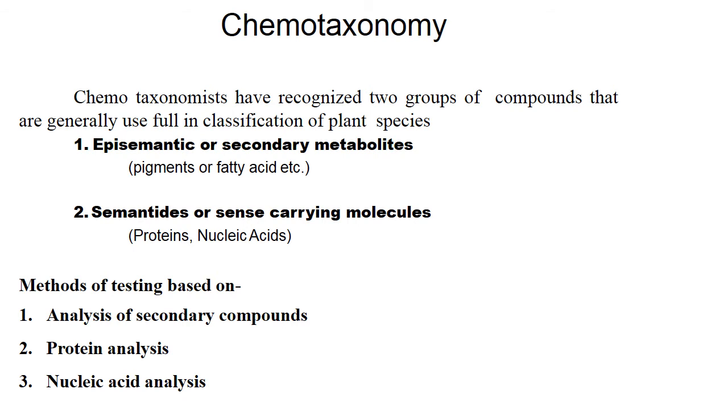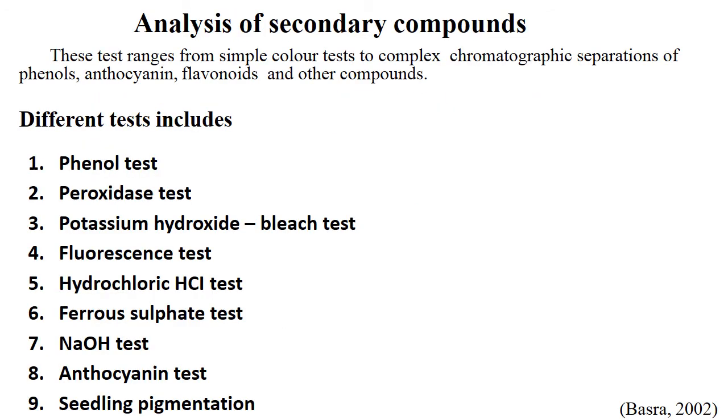The methods of this testing are based on analysis of secondary compounds, protein analysis and nucleic acid analysis. Coming to analysis of secondary compounds. This secondary compound analysis ranges from simple color test to complex chromatographic separations of phenols, anthocyanin, flavonoids and other compounds.